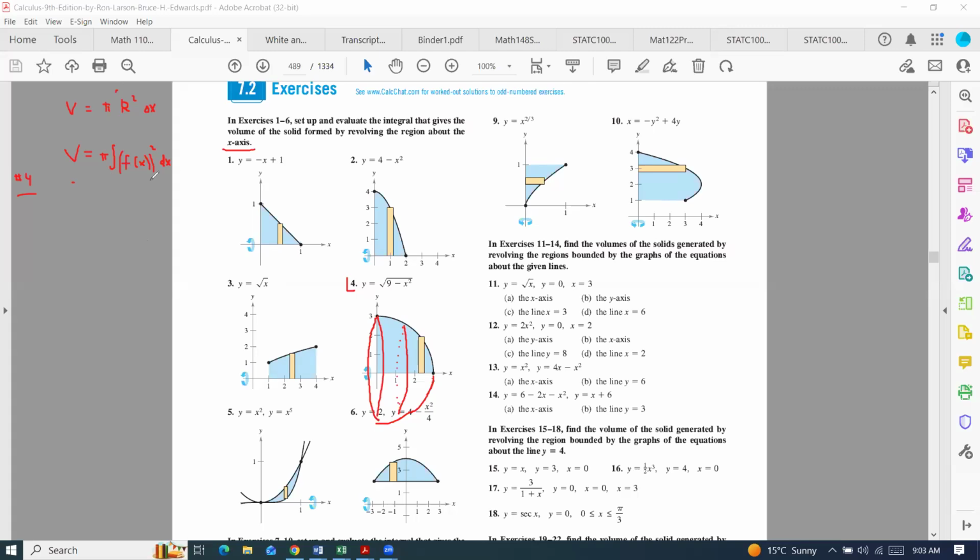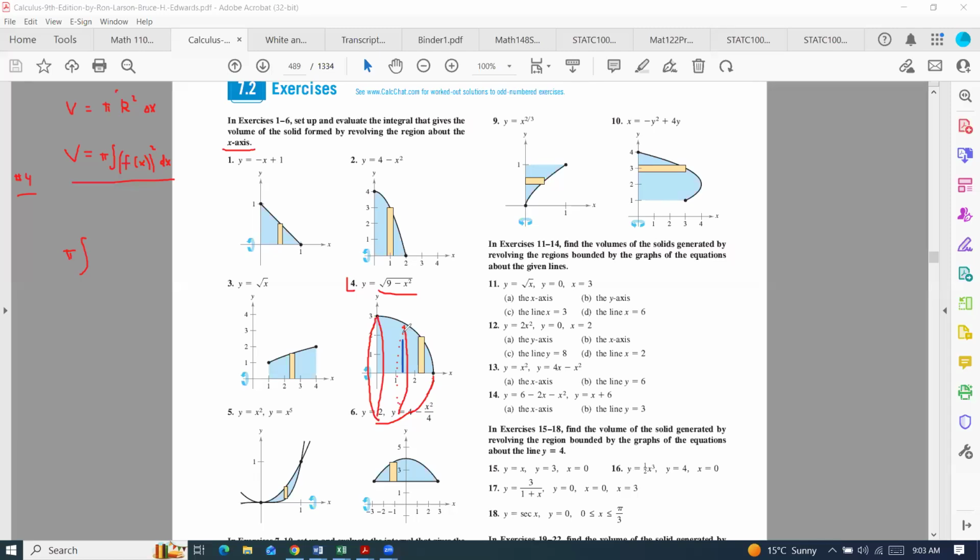So the formula here says multiply by pi, our integral, and then our function that gives us the radius r. So just to be more clear, we have a radius of rotation.